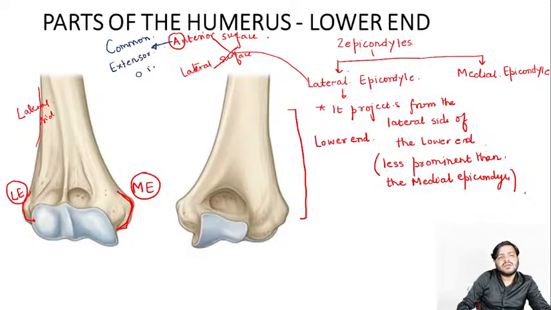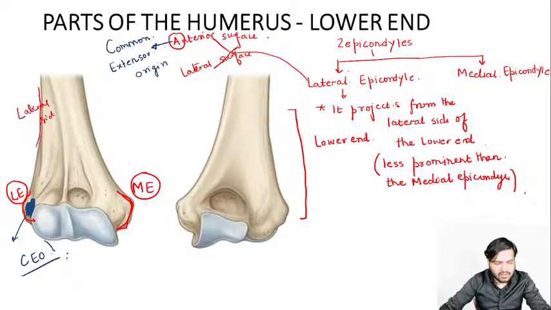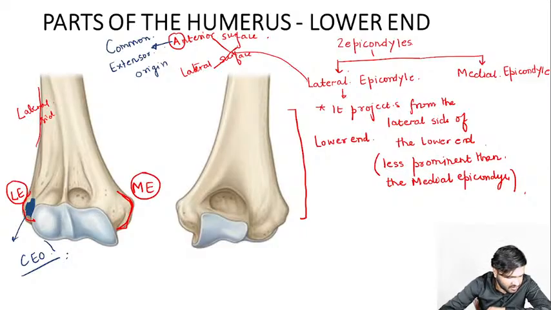Common extensor origin. Tell me quickly, this muscle that I am trying to show you on the anterior surface, what will be the function of the common extensor origin, just by the name guys. I want to know how much you can relate this to general anatomy. Common extensor origin, that is CEO. What will be the function of this particular muscle that is attached on the anterior surface of the lateral epicondyle? Waiting for the answers guys. Yes, Pooja, extension, Devnarayan, extension.